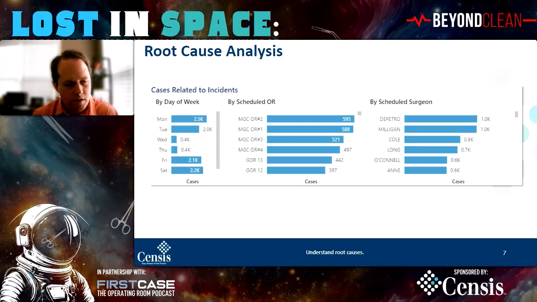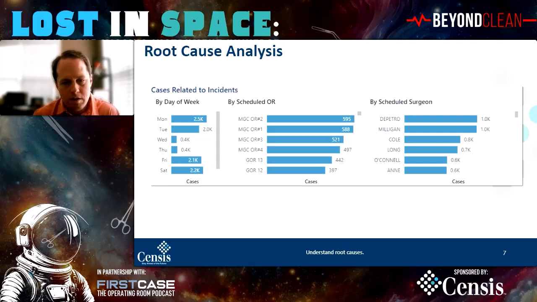I don't know what goes on in there, but just to pick on ortho, it does seem like they tend to have higher missing rates. And that's not just higher numbers of missing instruments. That's the percentage of overall instruments going through there that are going missing. It is true that there are a lot of ortho procedures that have a lot of instruments involved. So there tends to be a huge opportunity there with those ortho cases.